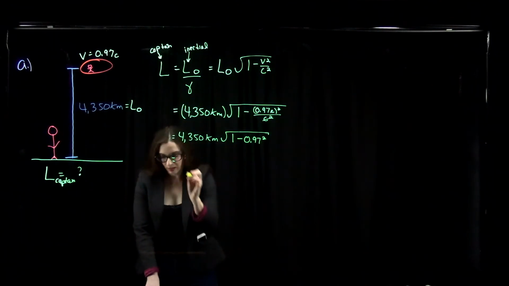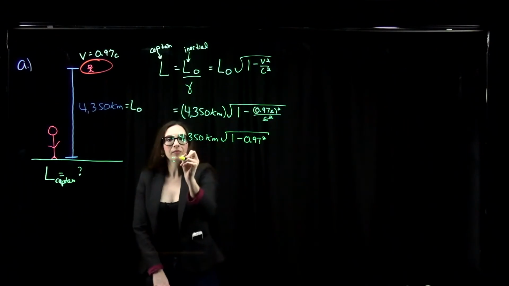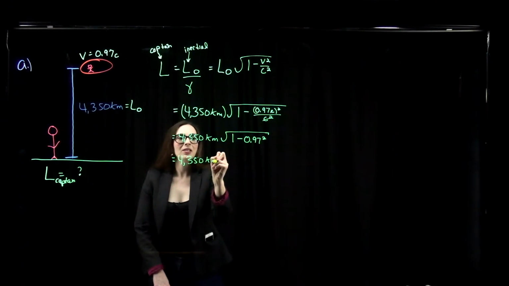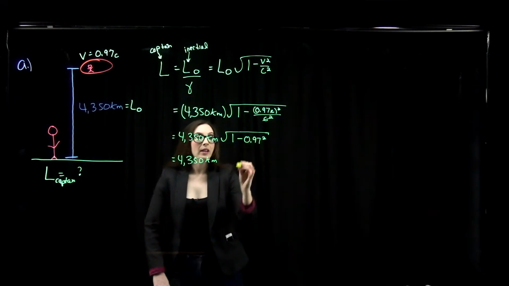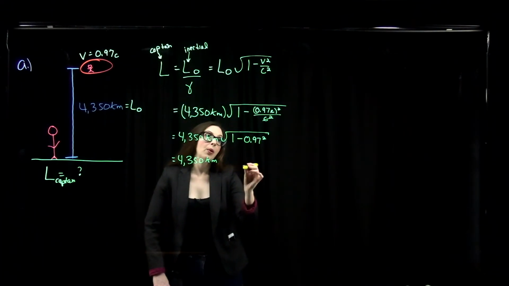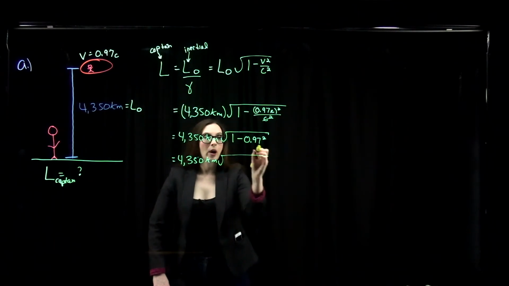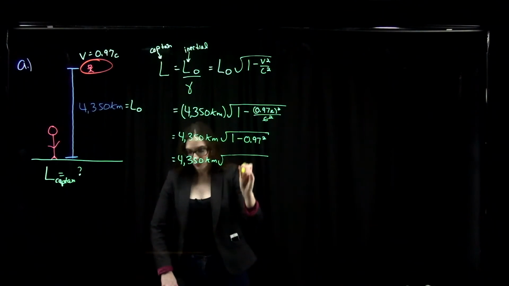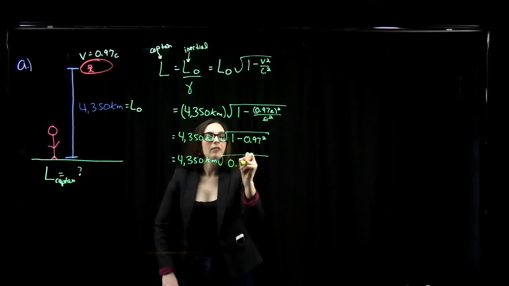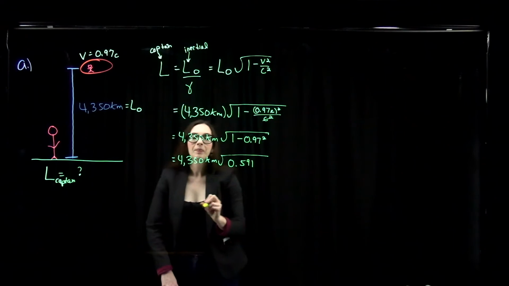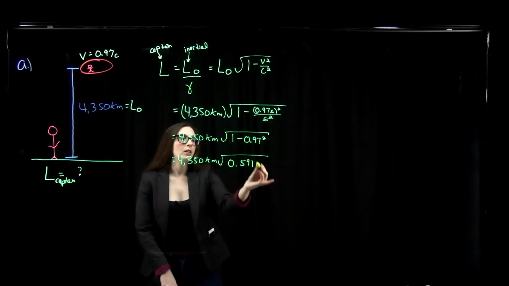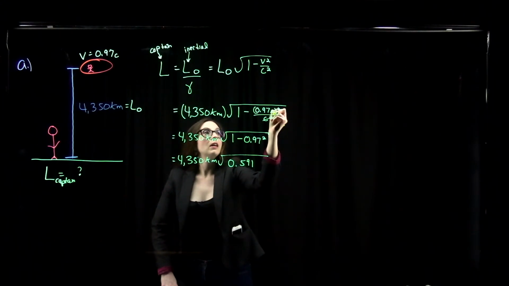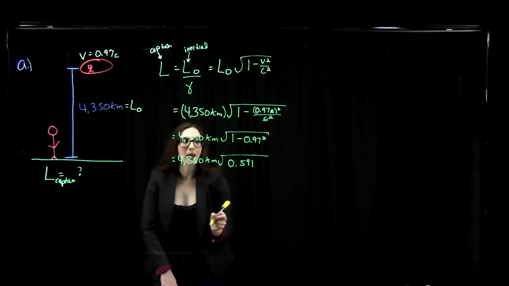The stuff underneath the square root sign is 0.591. There are no units on this number because the units that came along with c, our speed of light, cancel on the top and bottom.